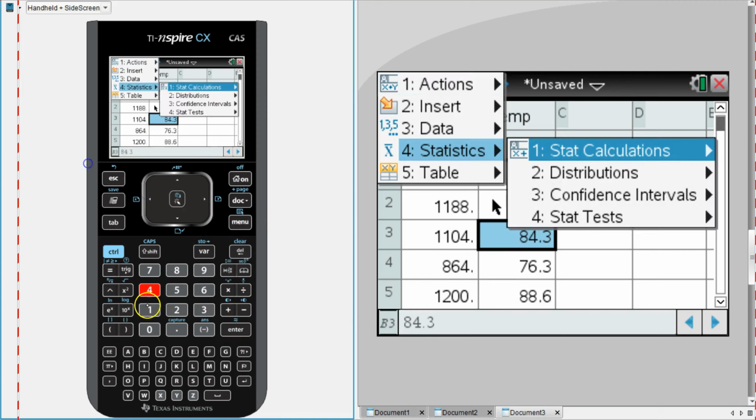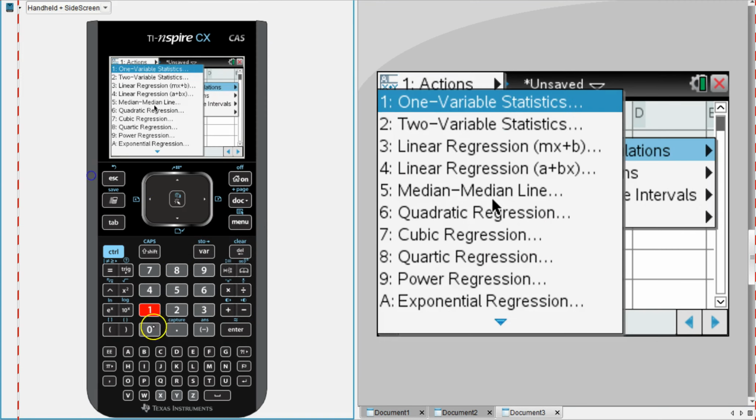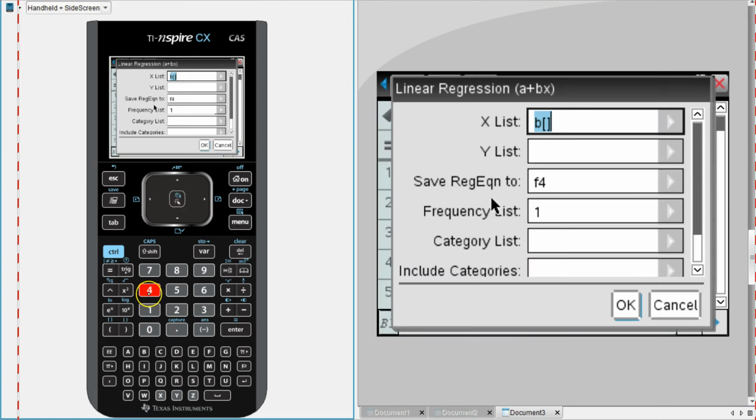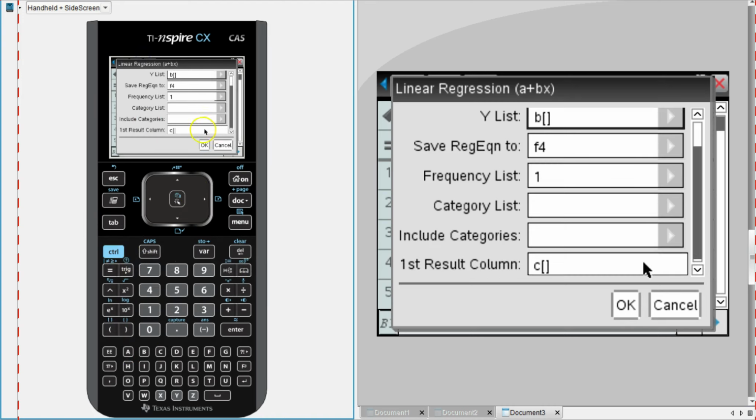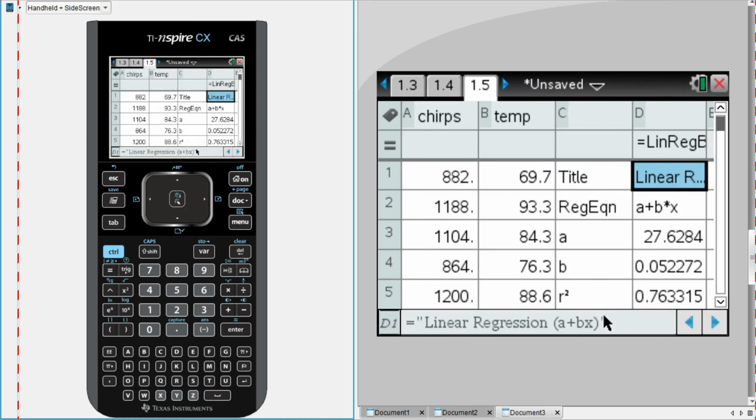I hope yours is working better than mine. Let's see. How about number 4? There we go. Our X list is in A. Our Y list is in B. Just make sure the results go down in C. Hit OK.